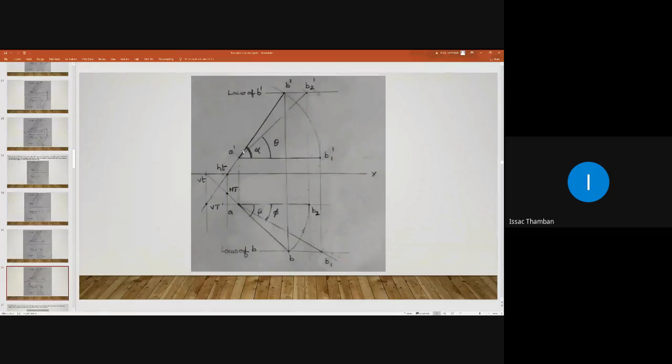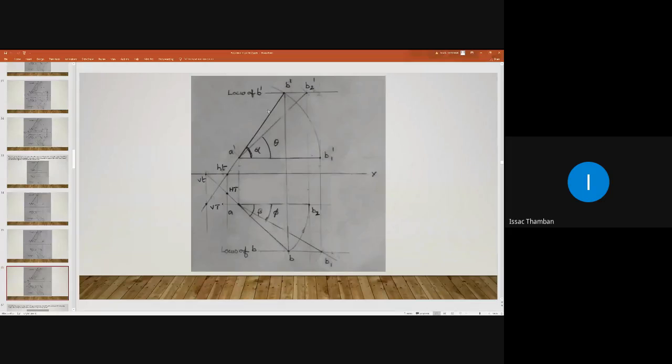For marking the horizontal trace, first you extend the elevation. Here, what is the elevation? That is A dash B dash. It is not A dash B2 dash. That is a common mistake. The elevation is A dash B dash.